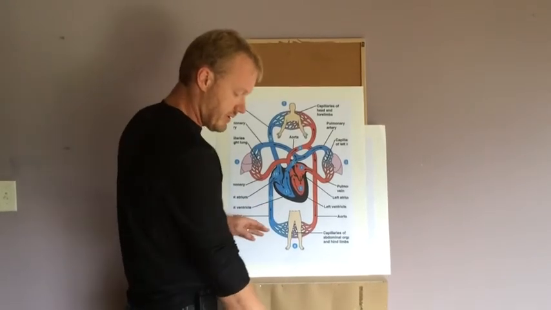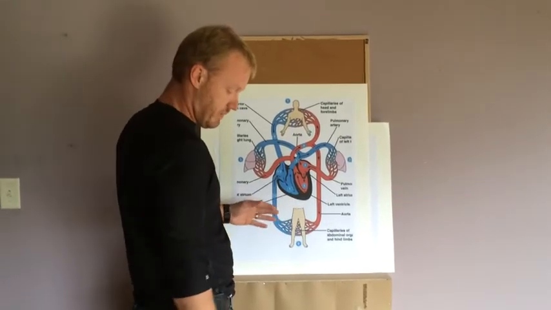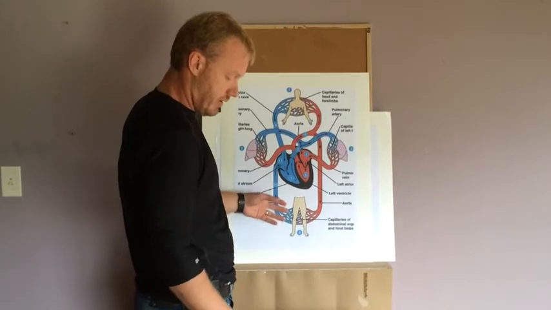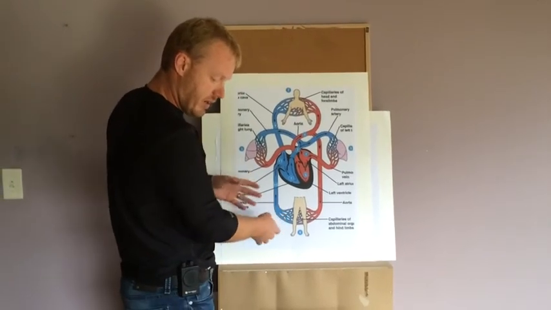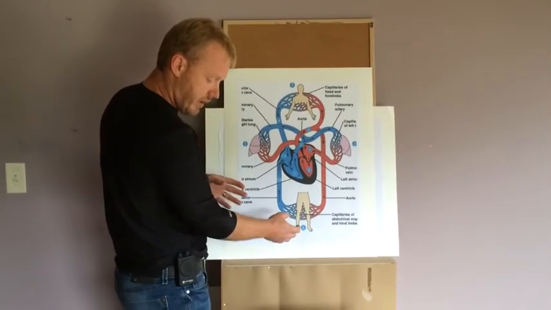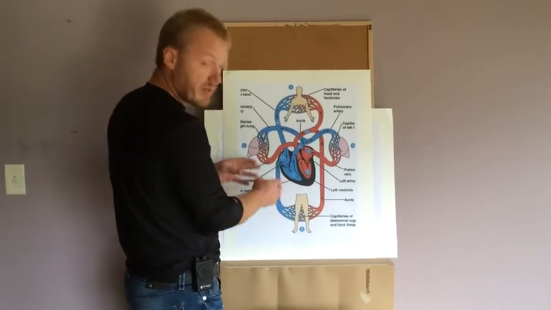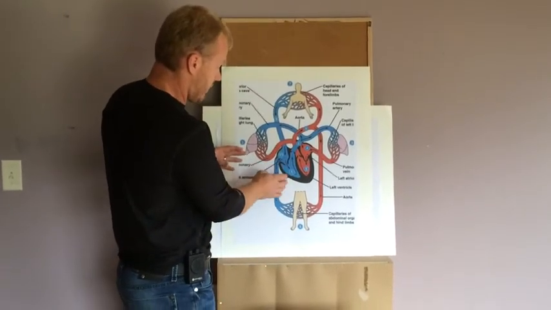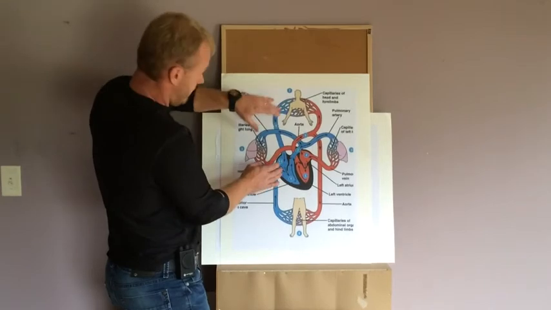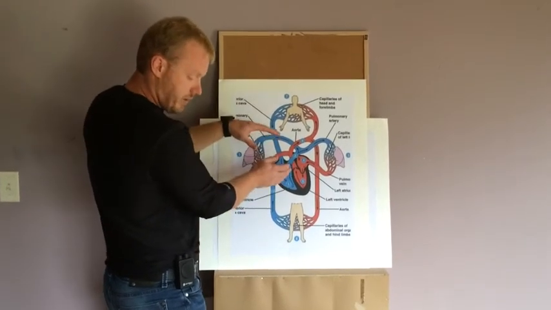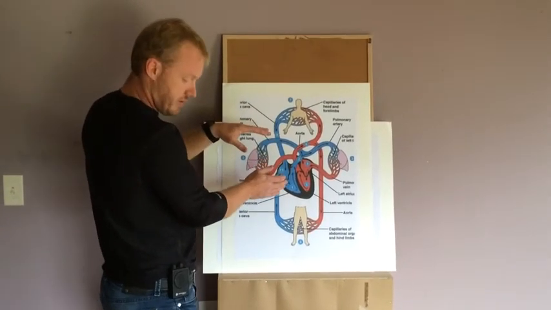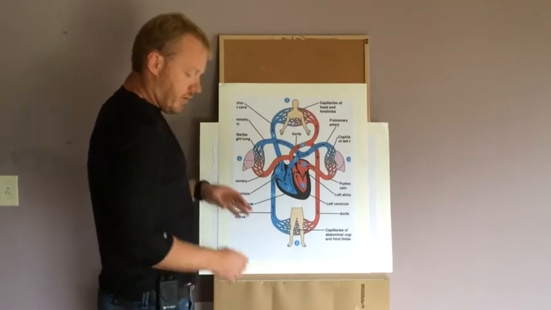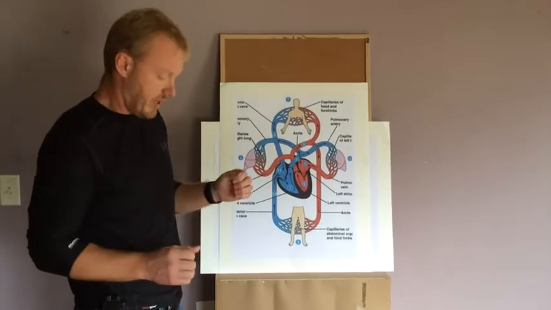Blood from the capillaries has now given up the oxygen it was carrying, and it will become deoxygenated and is carrying the carbon dioxide and waste that travels up from the capillaries into the venules, which will go into the veins, come to the superior and inferior vena cava, and go back to the heart to start the process all over again. The normal heart beats 60 to 100 times a minute.